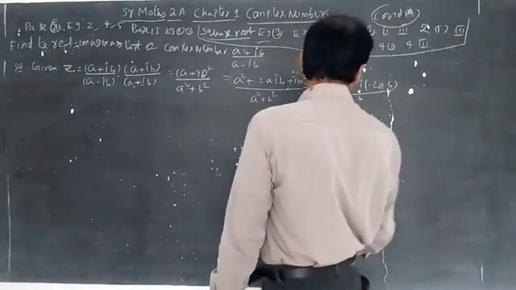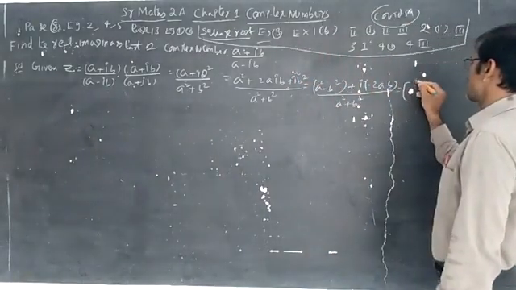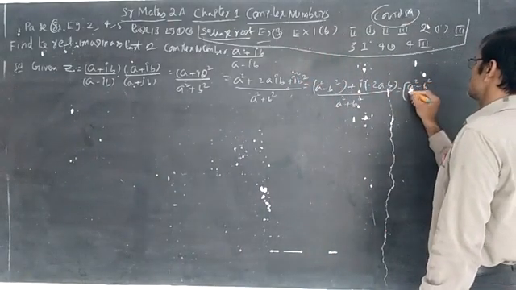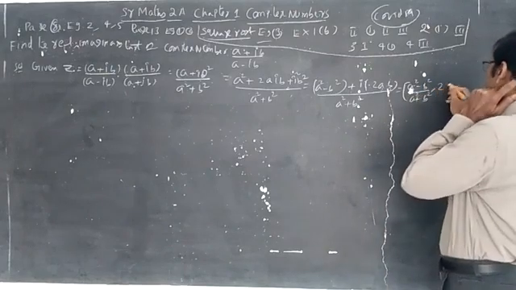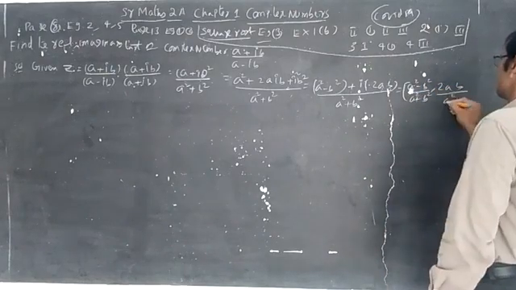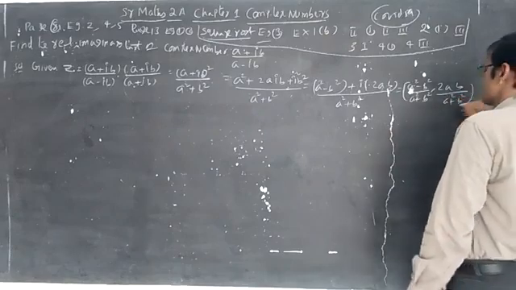So this one you can write as a square minus b square by a square plus b square, comma, 2ab by a square plus b square.